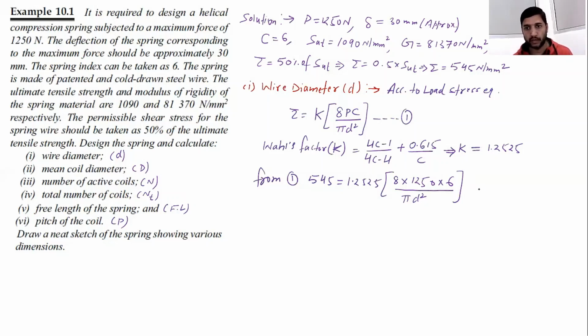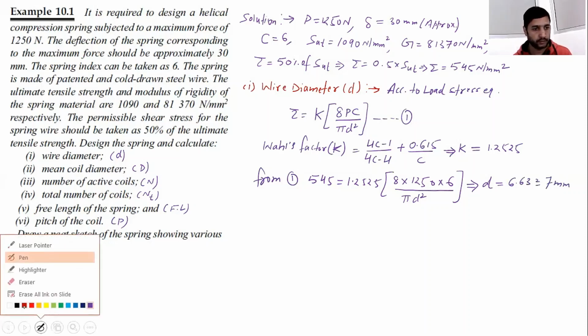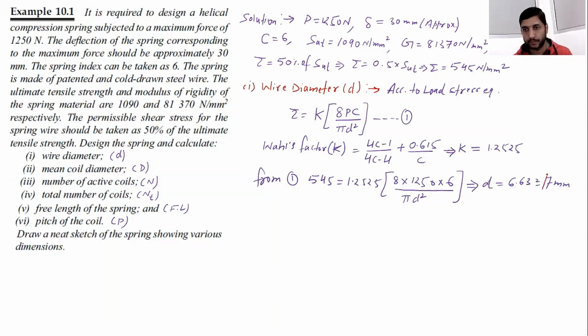From here you will easily calculate d: bring d square to this side and this term to the other side, and take the square root. You will get the value of d, that is 6.63, approximately equal to, let us say, 7 mm. So this is the first point which we needed to find out. We were asked what the diameter of the spring wire should be, and it is 7 mm.